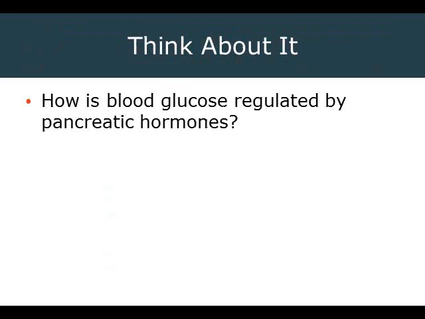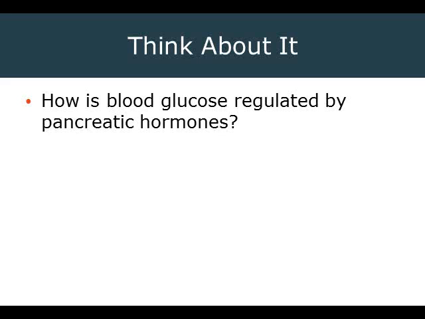So how is blood glucose related to the pancreatic hormones? Actually, the hormones of the pancreas are always in balance. And there's actually a third one that people don't always think about, but the pancreas secretes glucagon and insulin. Glucagon when we need sugar to be broken down from parts of our body.